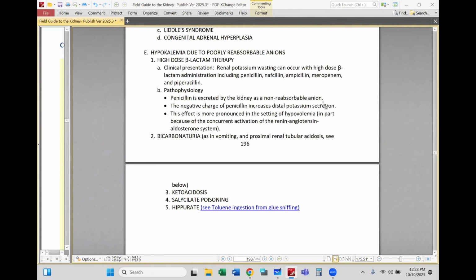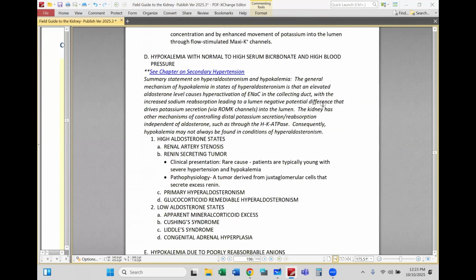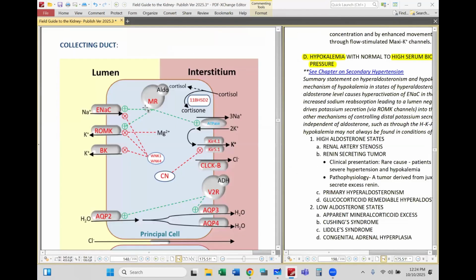All right, we get to go through these disorders of hypokalemia with alkalosis and high blood pressure relatively quickly, because these are topics that should be familiar from our secondary hypertension conversation. Okay, so we have highlighted this physiology before quite extensively.